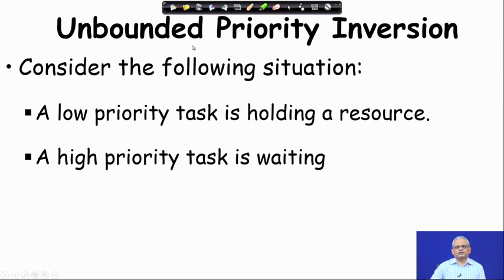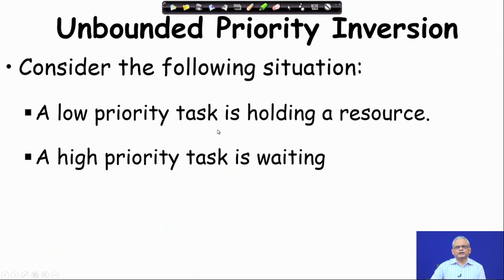Let us try to first understand unbounded priority inversion, and then we will see why it is difficult to solve and how the simple priority inversion problem can be solved. To understand unbounded priority inversion, let us consider the following situation. We have a low priority task that is holding a resource. So, it is executing its critical section.